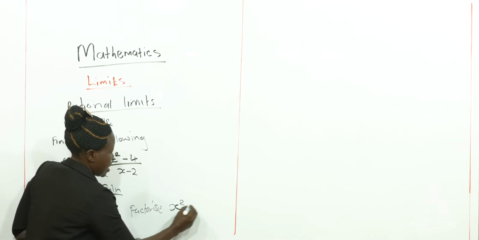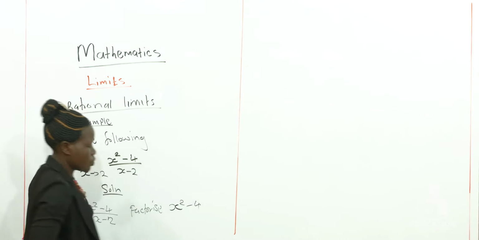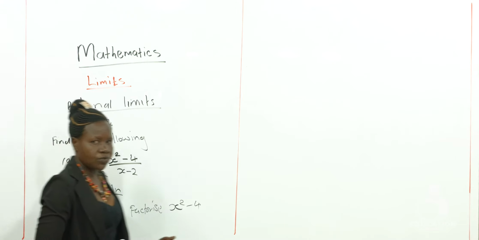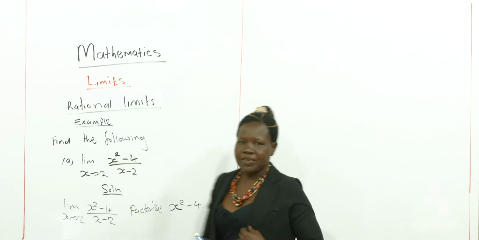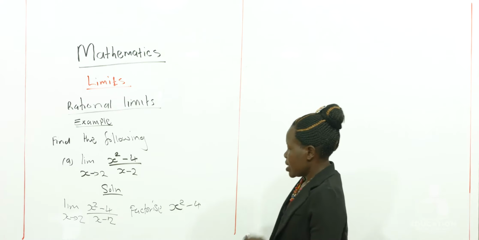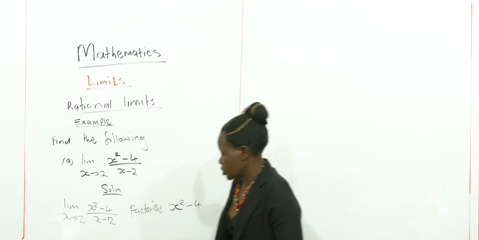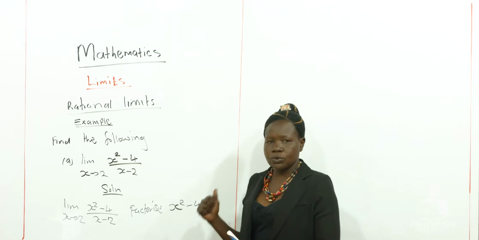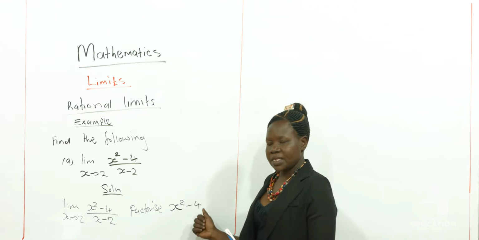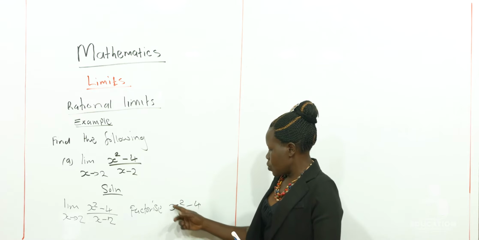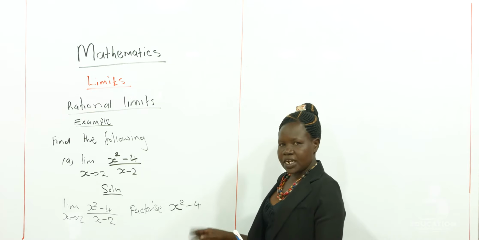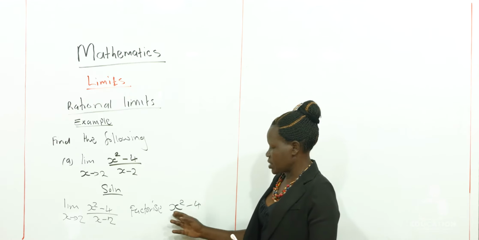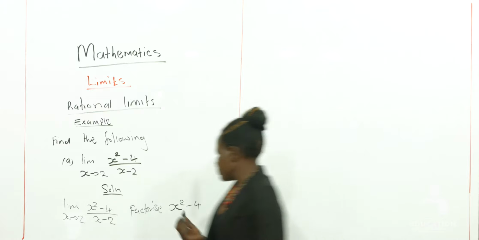squared minus 4. When you are factorizing, for this case we simply use what we call the error and trial method, which is shorter for getting the solution. If we are using the error and trial method, it means you are going to break the first term and the third term. For this case, we have only two terms, meaning that the middle term is not there. You get the common factors for these two terms.